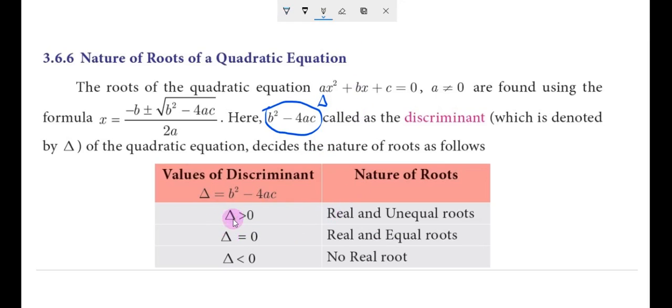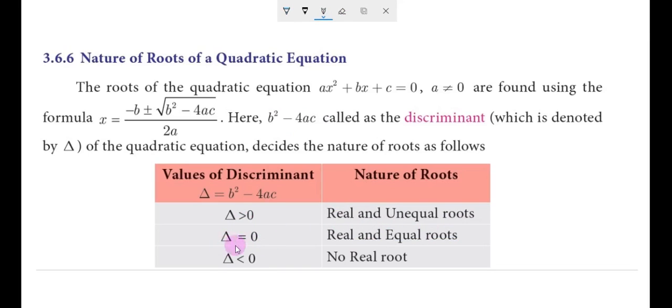So next, when you find the del value, if del is greater than 0, its nature is real and unequal roots.